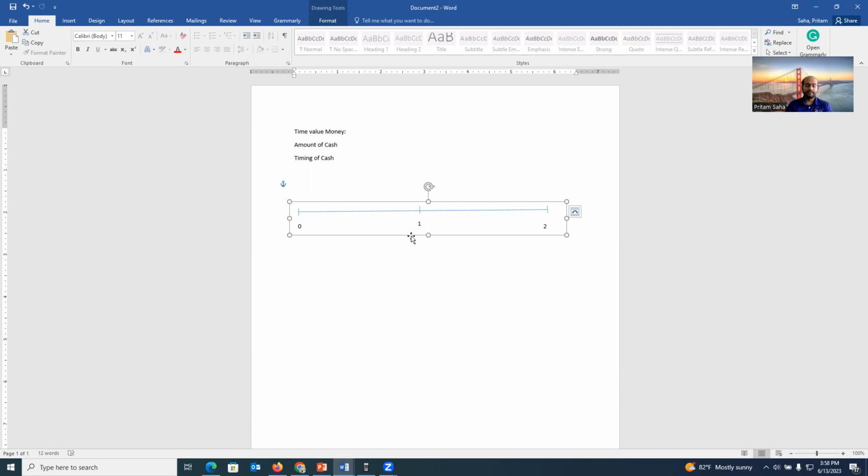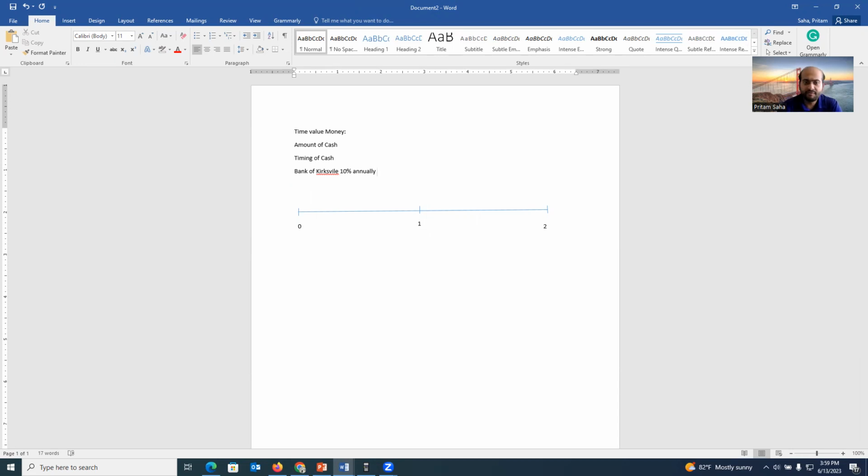Let me explain why. So let's say Bank of Kirksville right now is offering 10% interest annually. If you make any deposit in the bank, 10% interest.